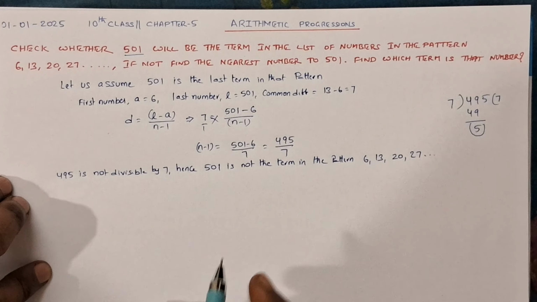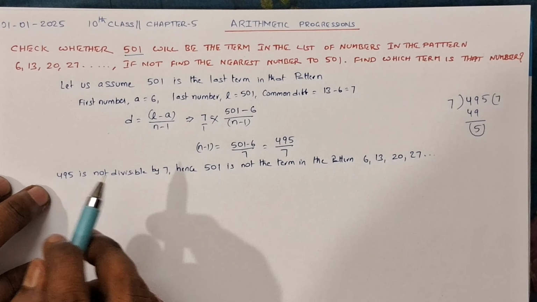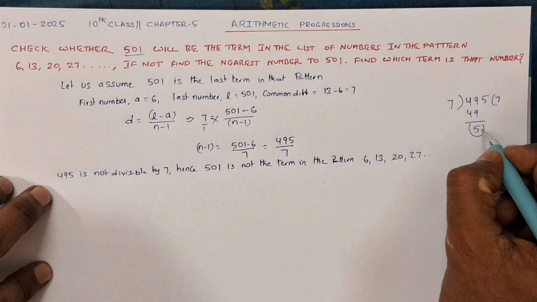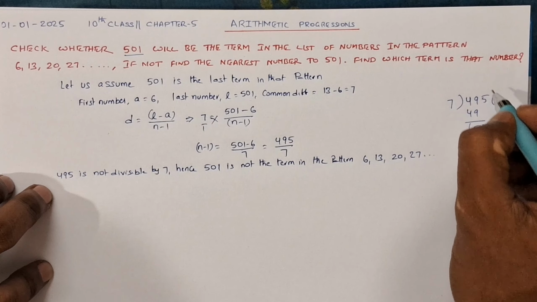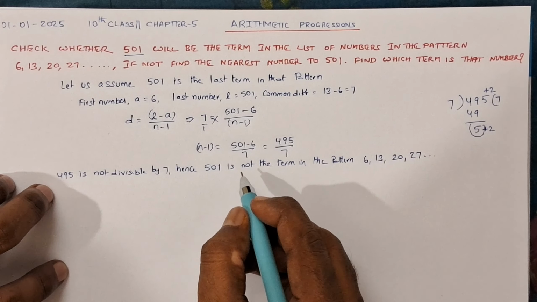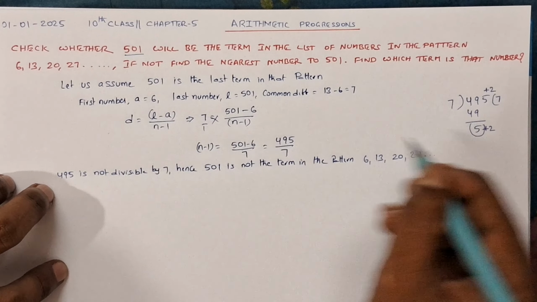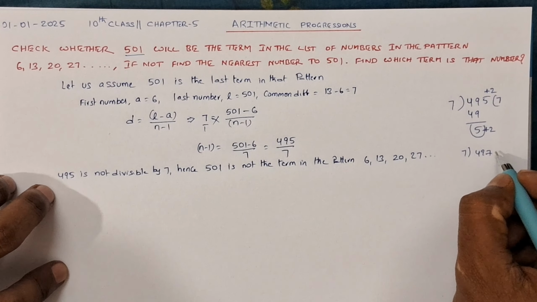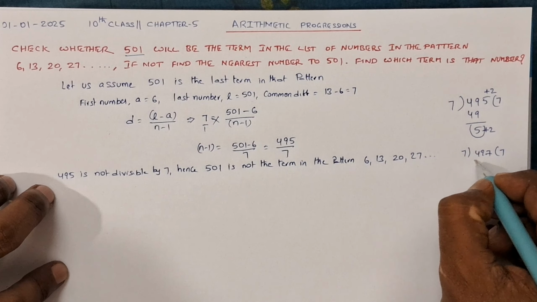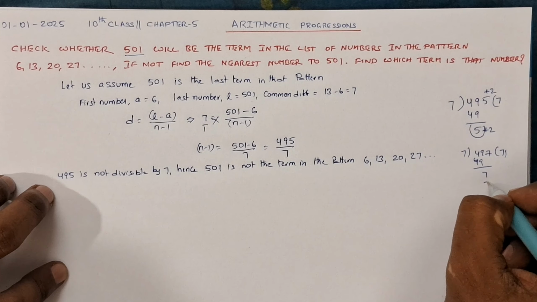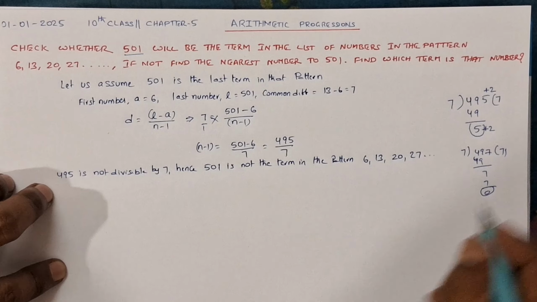So we got one answer. Then what will be the nearest number? We have to add 2 to the original number. Then what will become here? 497. If we add 2, 7 7s are 49. Remainder is 1, 7 1s are 7, that is equal to 0.